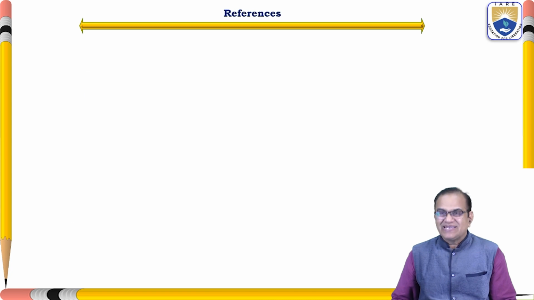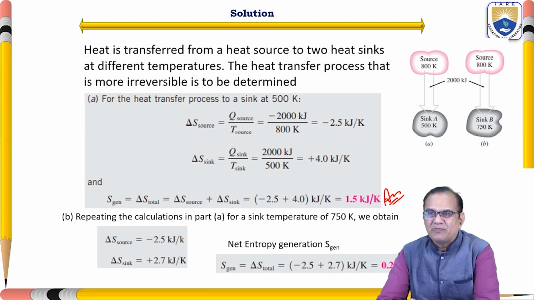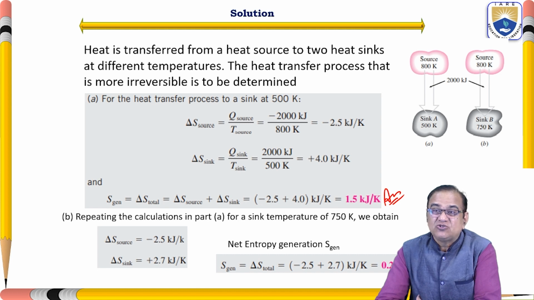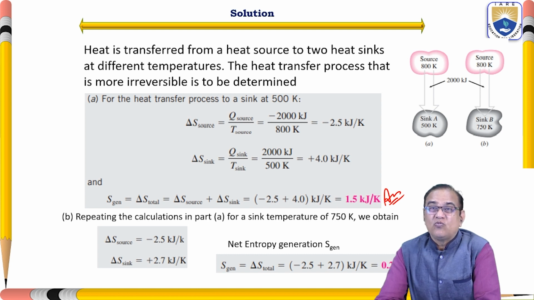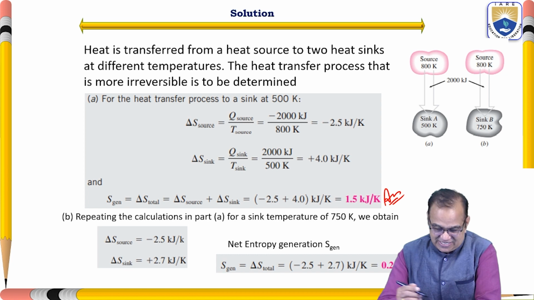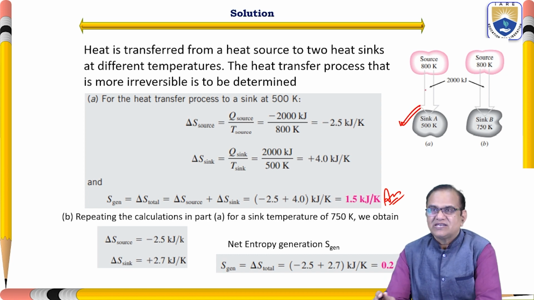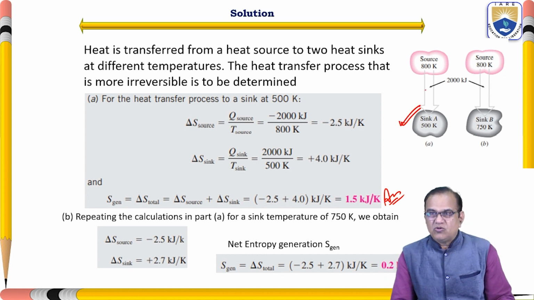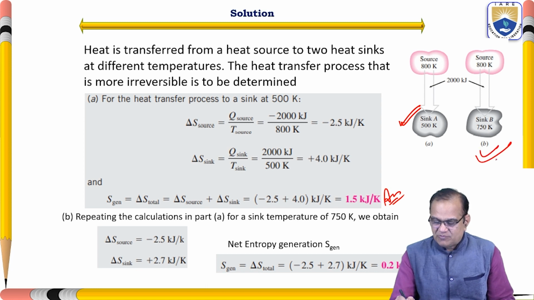So the net entropy generation for the second process is 0.2 kilojoule per Kelvin. If you see the losses in case 1, for the heat transfer process at 500 Kelvin, the losses are more, or entropy is more, but in this case the entropy is less.